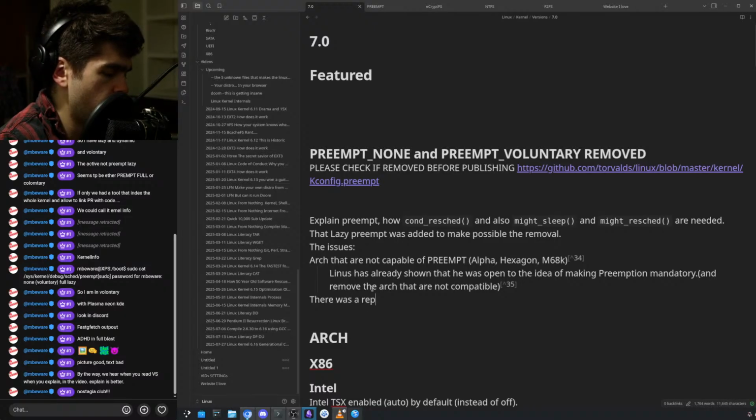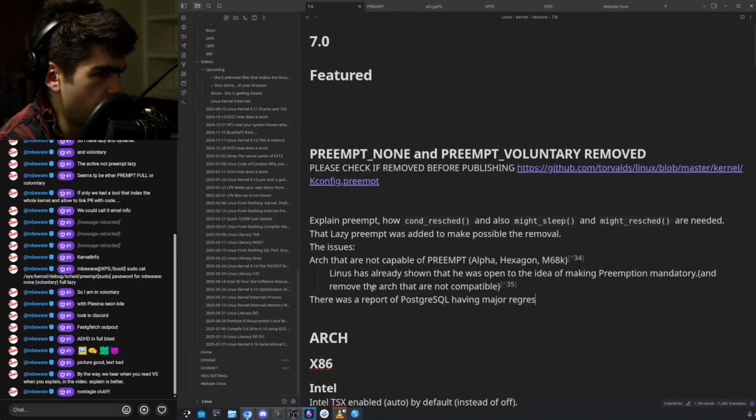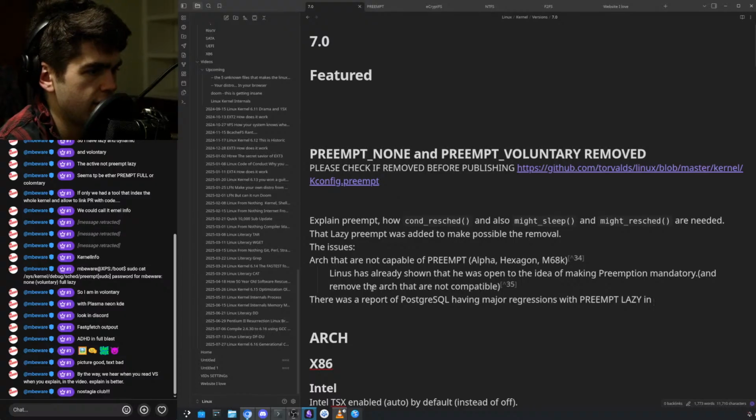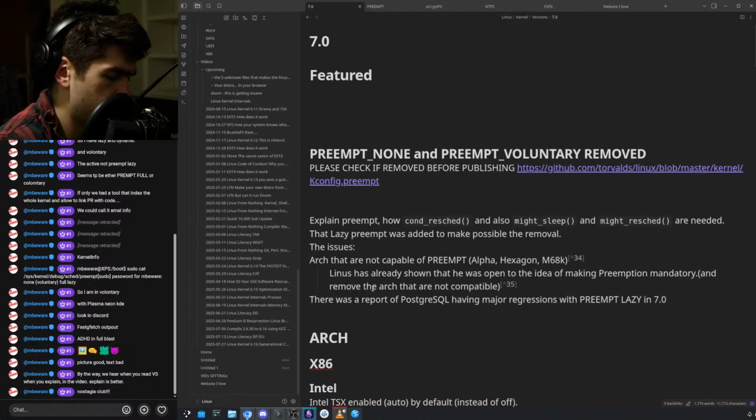There was a report of SQL having major regressions with the new preempt lazy in 7.0 RC1.